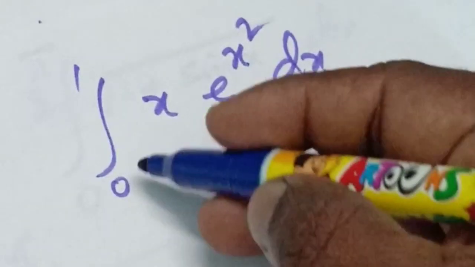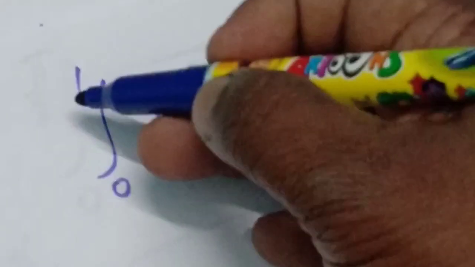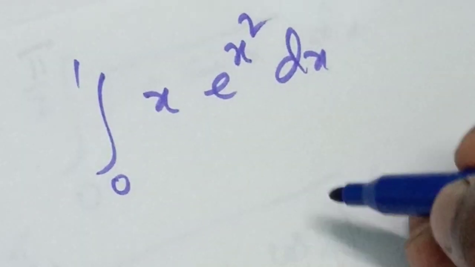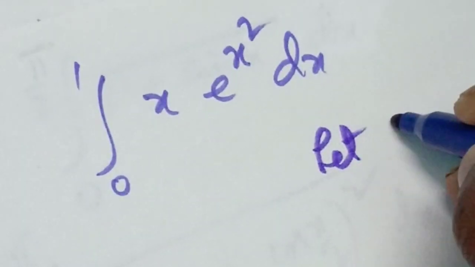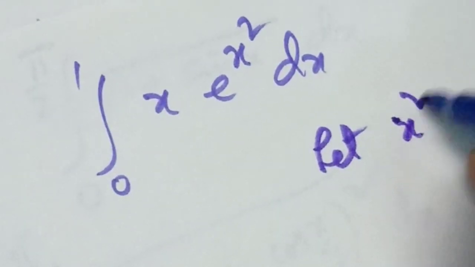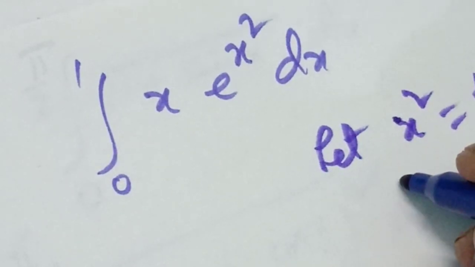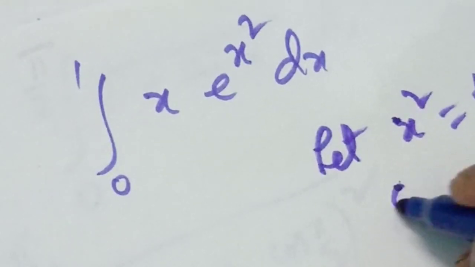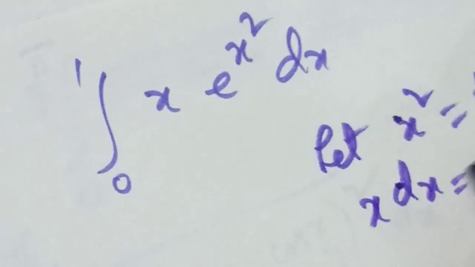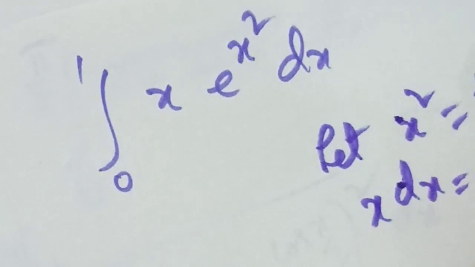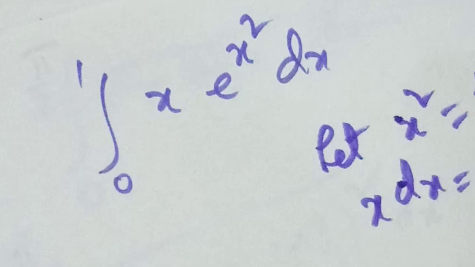In order to solve this, suppose we neglect the limits 0 to 1 for now, we know that we have to substitute x square equal to t. That is, x dx gives us 1 by 2 dt. So putting the values.